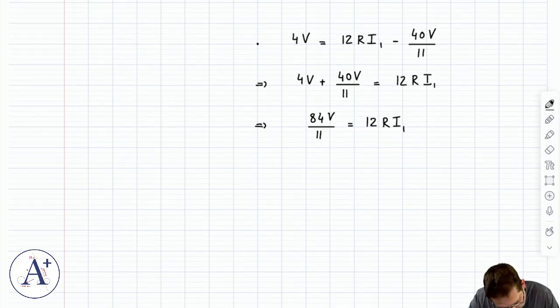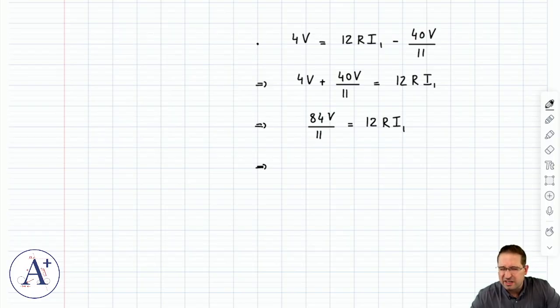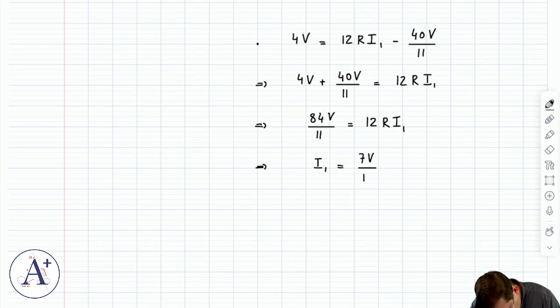And 84 divided by 12, that ought to divide. It's going to be 7, wow. So I1 is going to be 7V divided by 11R. There we go.